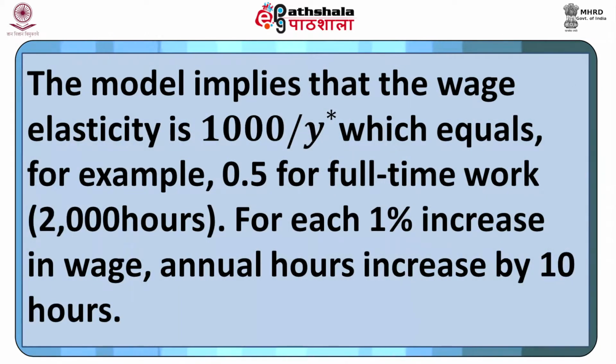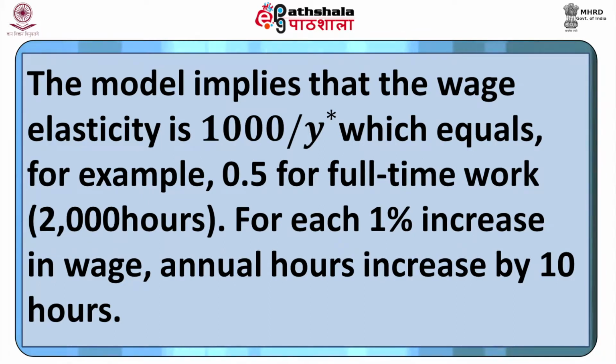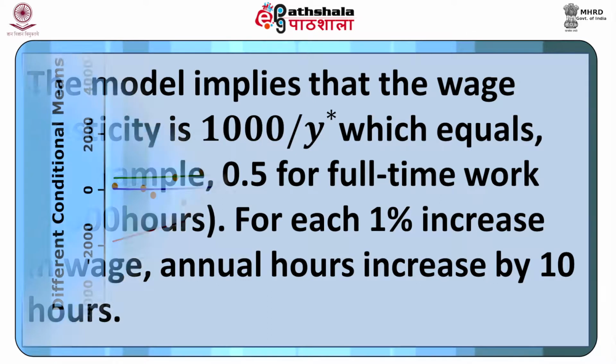The model implies that the wage elasticity is 1000 divided by y star, which equals, for example, 0.5 for full-time work, which is denoted as 2000 hours. So for each 1% increase in wage, annual hours increase by 10 hours.